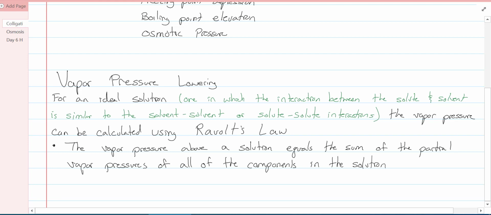where the partial vapor pressure of a component depends upon two factors.